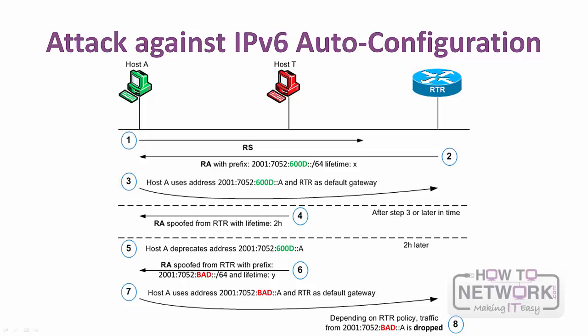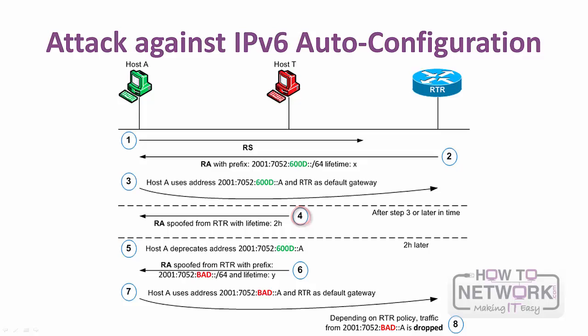Step 3. Then host A can pick an address shown as 2001:7052:600D::A on the link, and after it checks its availability using duplicate address detection, it can begin using it.